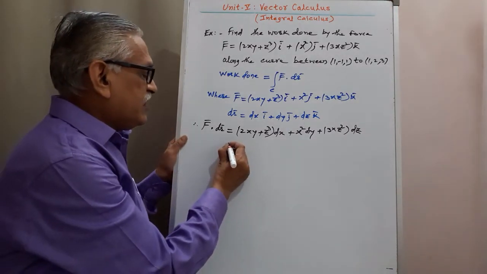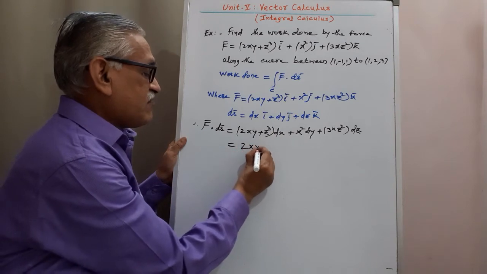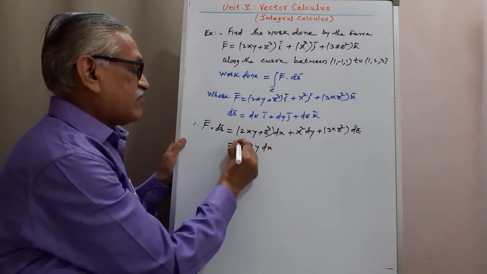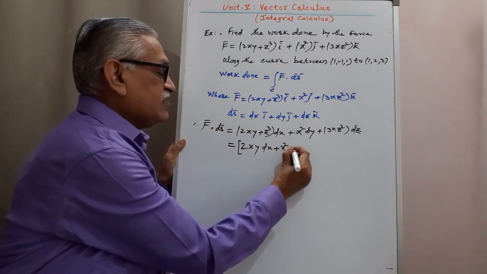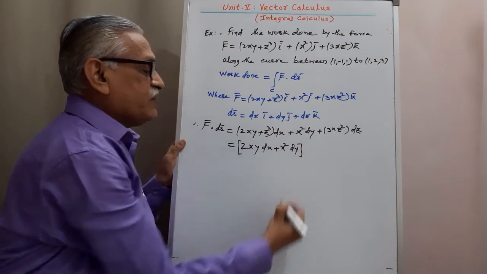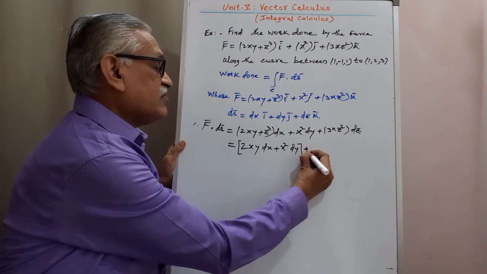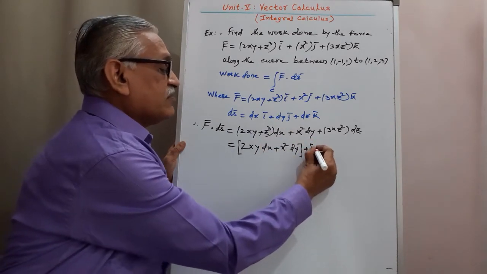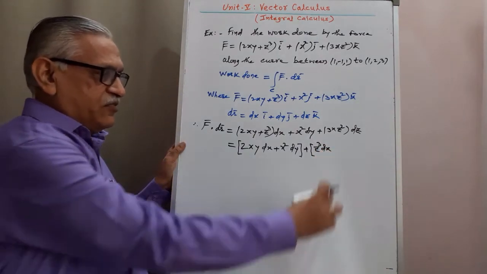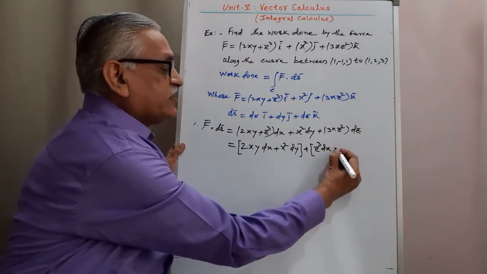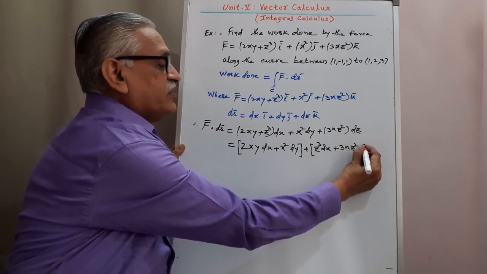Therefore, rewriting the terms, 2xy dx plus x square dy, we combine these two terms containing x and y, plus z cube dx, containing x and z, and therefore plus 3xz square into dz.